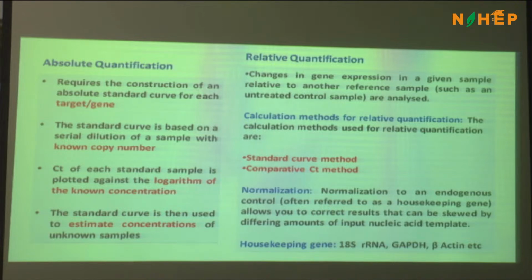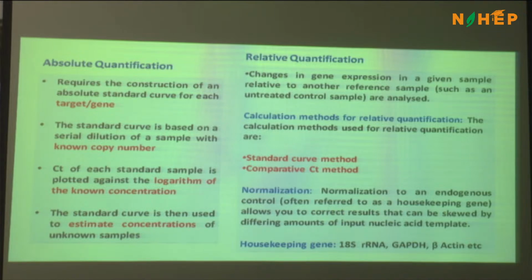And if you don't give it, maybe a normal expression, or sometimes some microorganisms can reduce the expression of this particular gene, right? So we do not know what kind of results you are likely to get, but you have to do it. So with reference to a gene which is not affected by the treatment, you are comparing your test samples, okay?